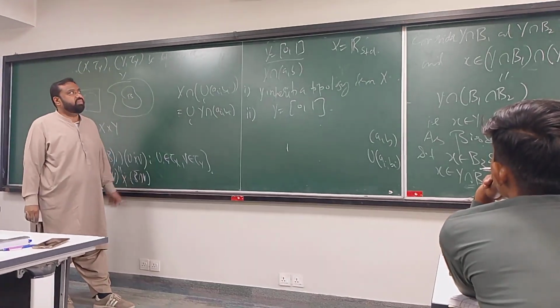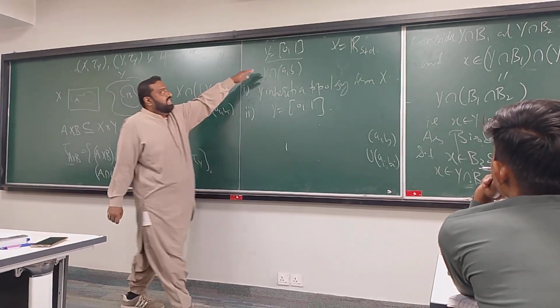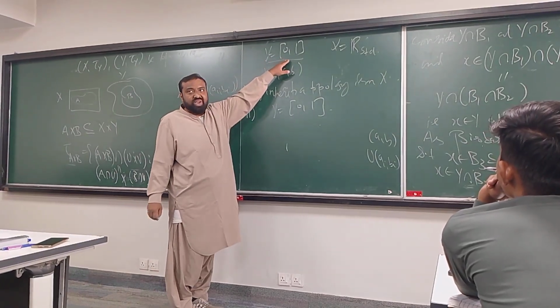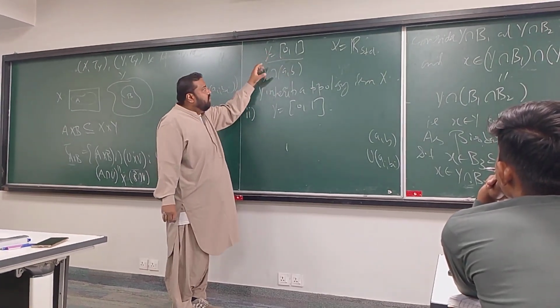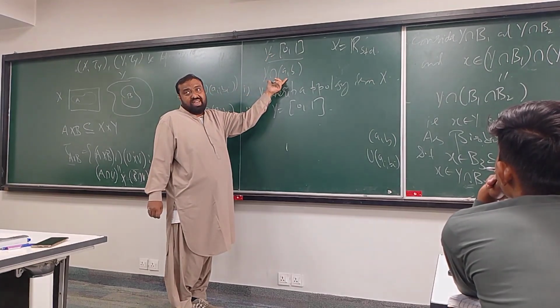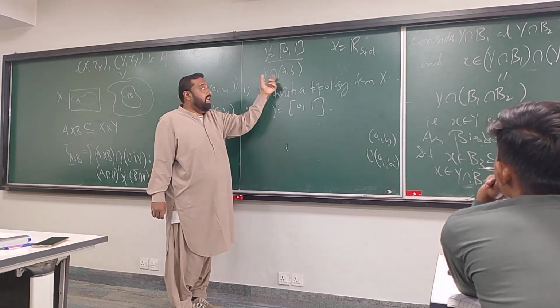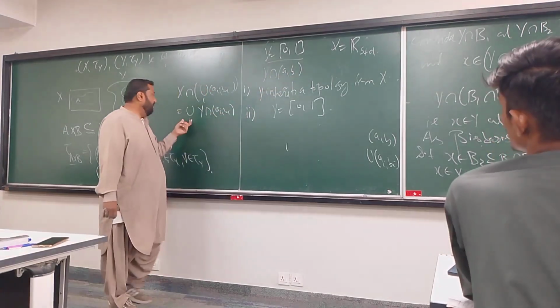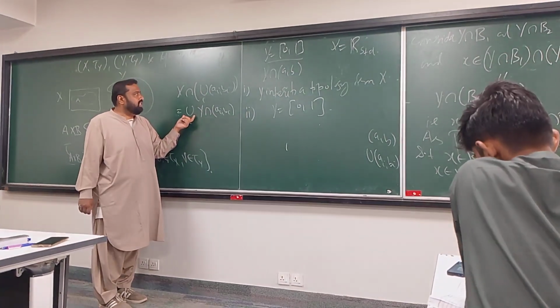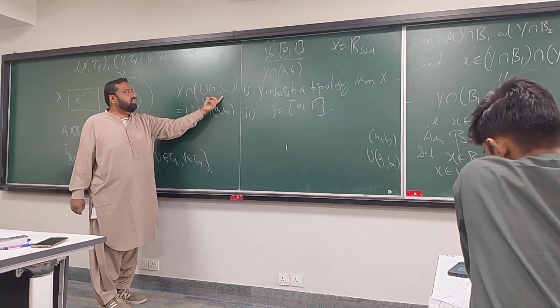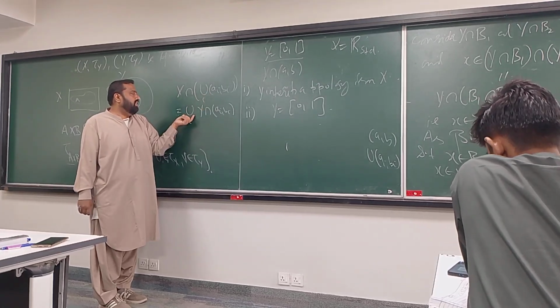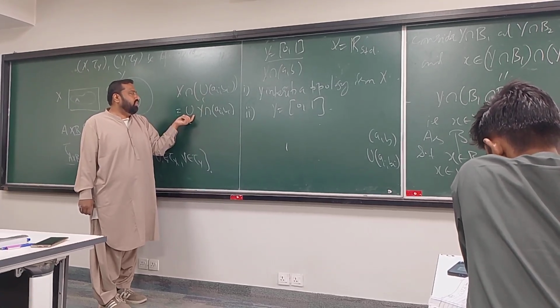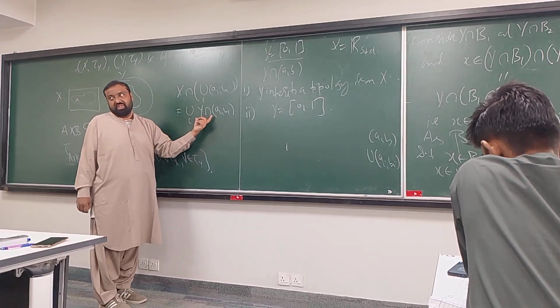So what does it mean? That in the standard topology on Y equal to [0,1], the open sets are either like Y intersection one open interval, or Y intersection tons of open intervals, which is the same as the union of Y intersection such open intervals.